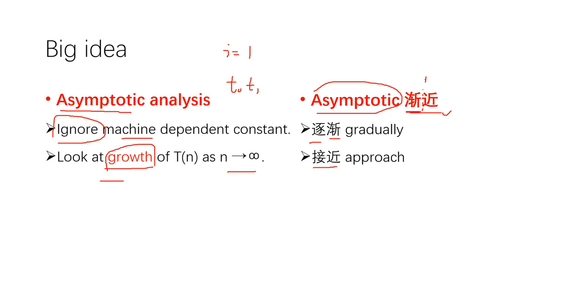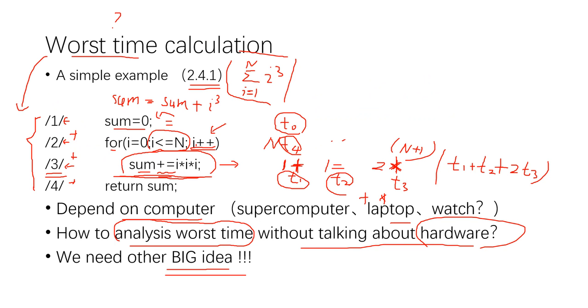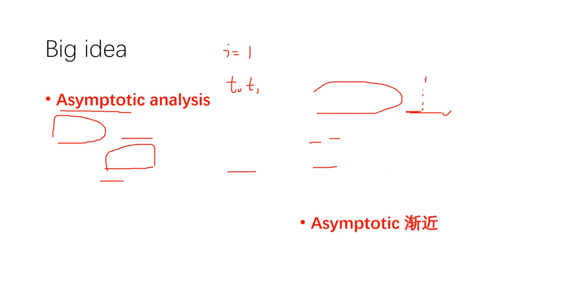If we calculate in detail like the last slide, caring about the exact time spent on each part, like i equals 0, i equals 1, i plus plus, how much time each part takes, you can never calculate it. So we need a bigger, more huge idea.